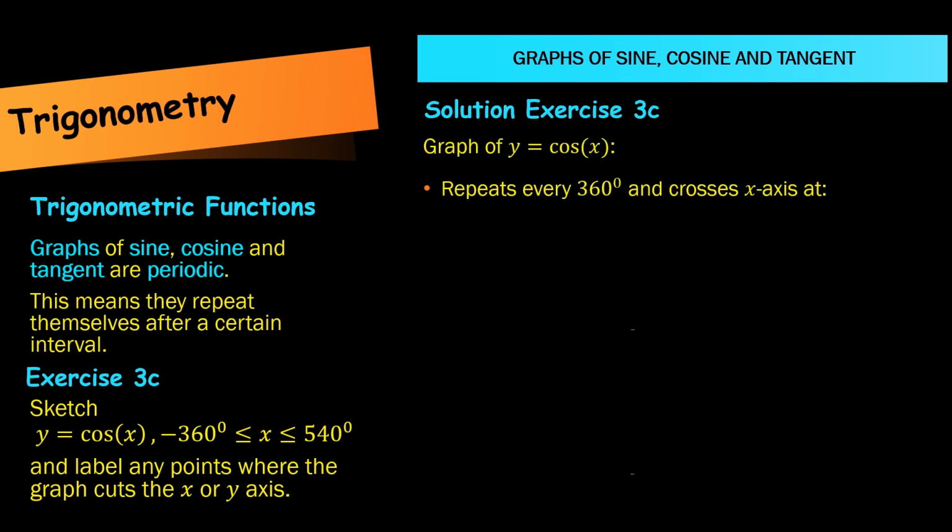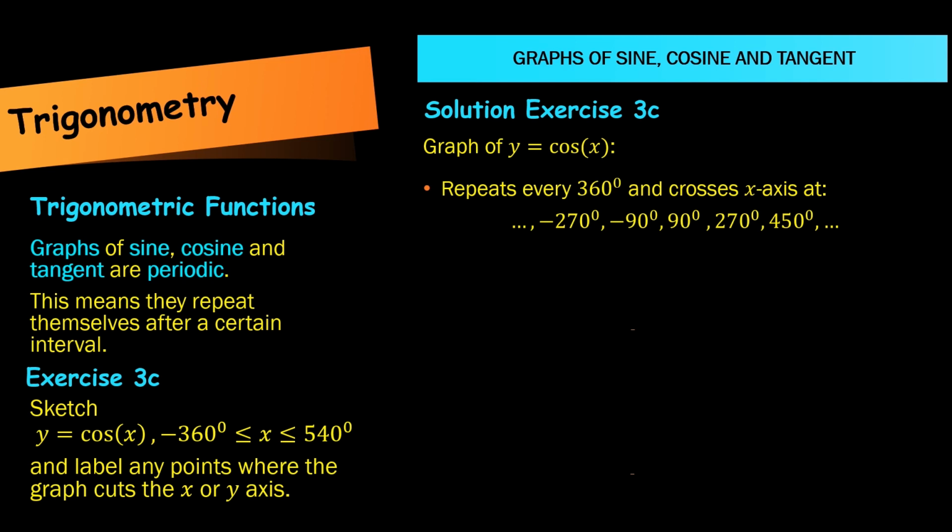The graph of y equals cos x repeats every 360 degrees and crosses the x-axis at, for our exercise, and we can extend this to other exercises, minus 270 degrees, minus 90 degrees, 90 degrees, 270 degrees, 450 degrees, and so on.